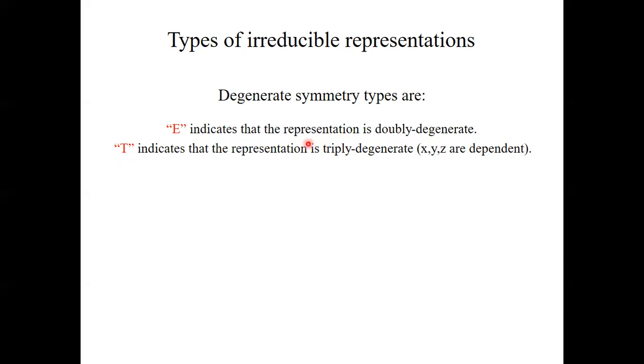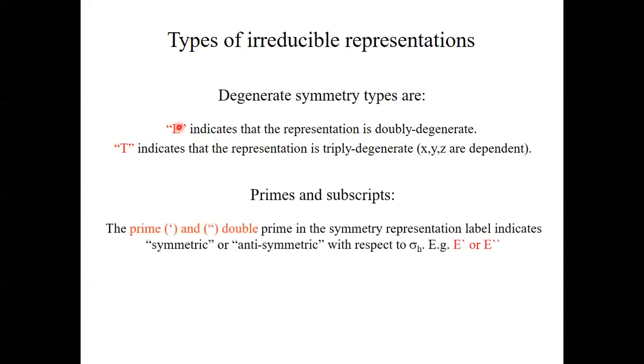Again, these E's and T's can have primes or subscripts, and the prime and the double prime, for instance, indicate that you have a symmetric or an antisymmetric situation with respect to sigma h.